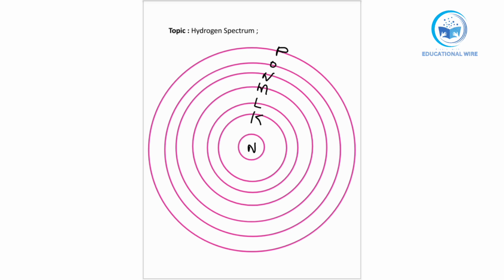Now, as I told you, the first one is the Lyman series. So the Lyman series starts from the K position. It got unstable over here.